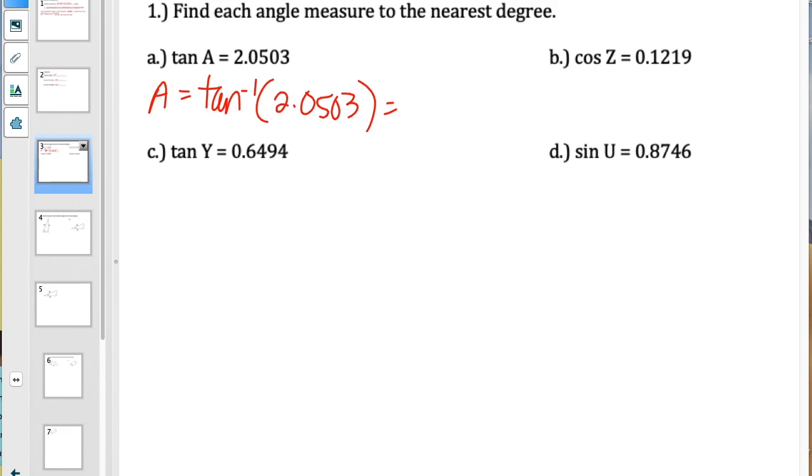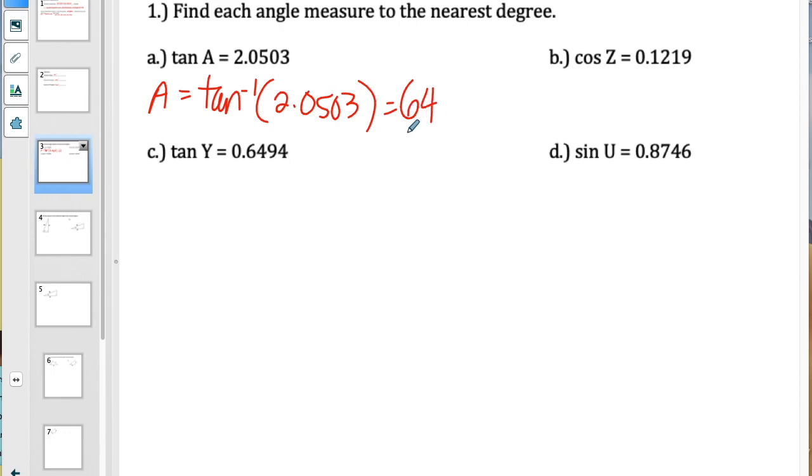From here on out, unless I say otherwise, if you're solving for a side, we're going to continue to measure to the nearest tenth of whatever the unit is, inch, foot, whatever the unit is. So would you agree that we're approximately getting 64 on A?